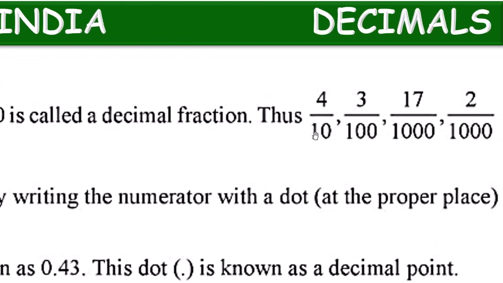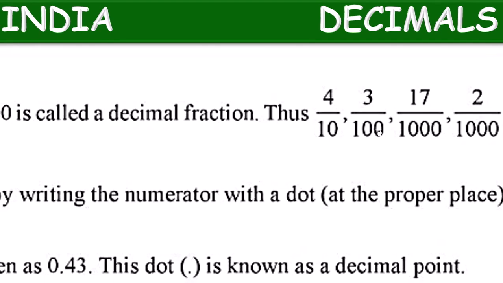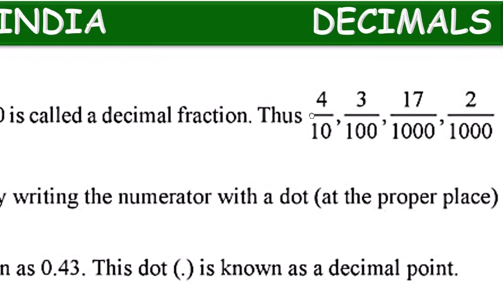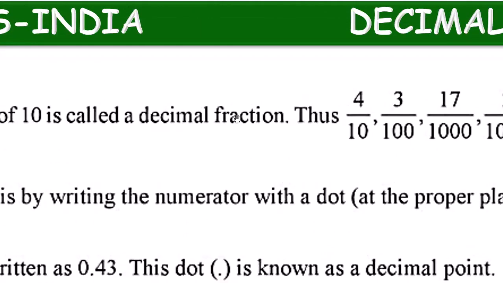So 4 by 10, 3 by 100, 17 by 1000, 2 by 1000 are all decimal fractions, because 100 means 10 square and 1000 means 10 cube. In all these, the denominator is 10 or a power of 10. That's why these are considered decimal fractions.